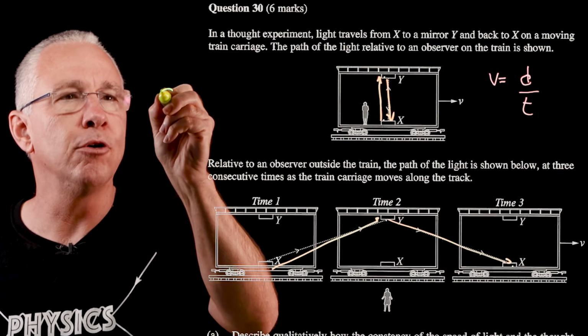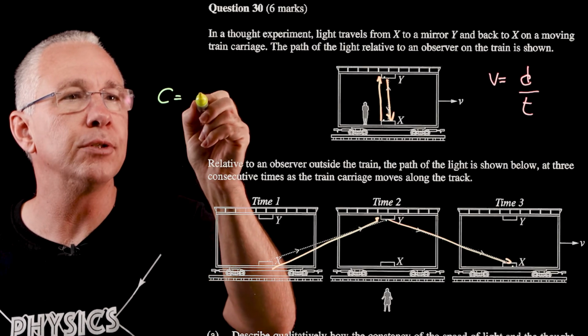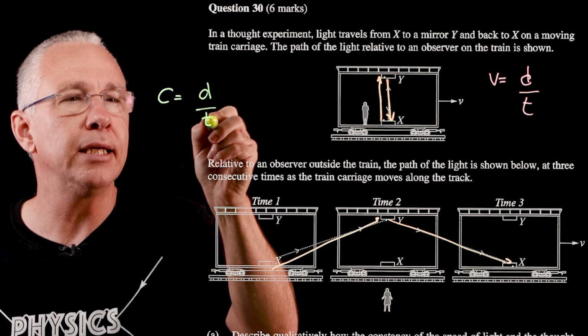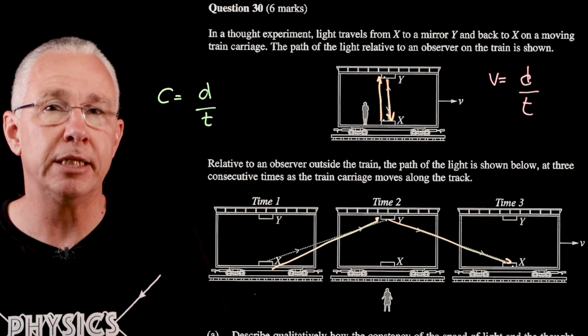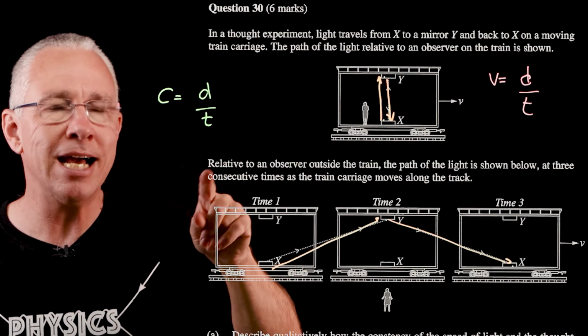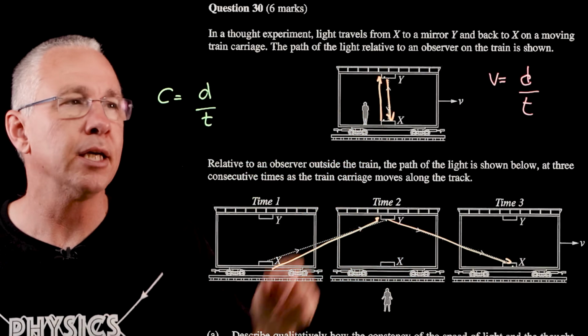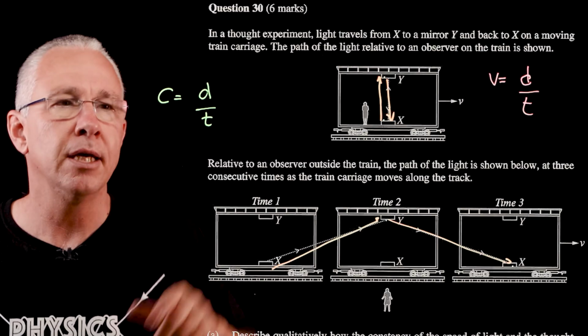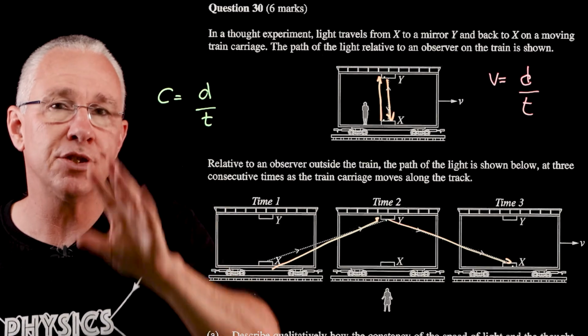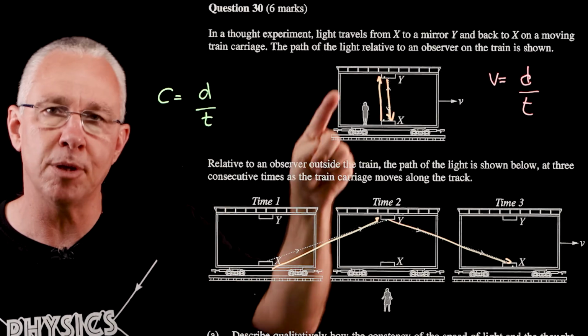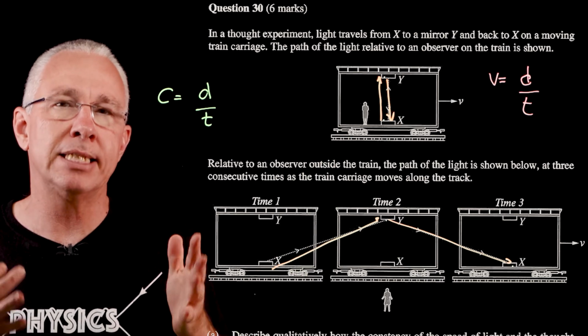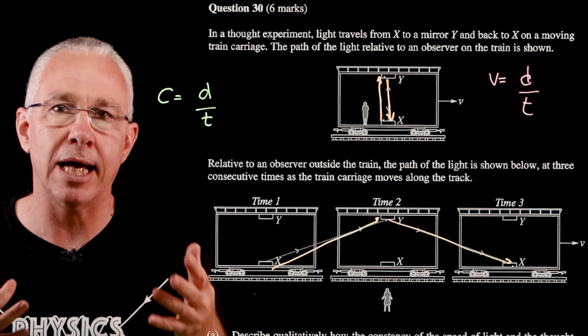We can have the same formula, c is equal to d over t, where c now is the speed of light. But if we have an increased distance for this observer here compared to this observer here, then this speed can't change. The speed that these observers measure has to be exactly the same if they're looking at light.